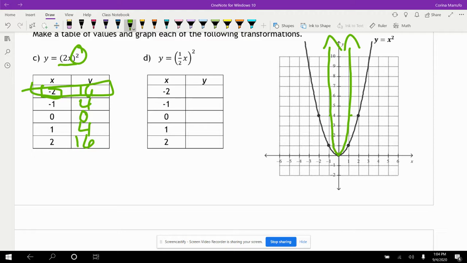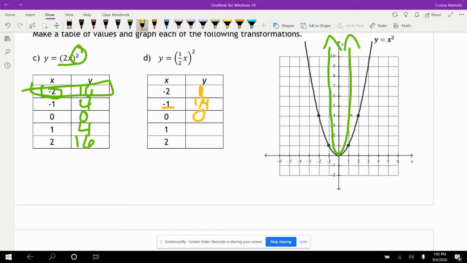All right, the next one we have is 1/2 x squared. Here we have 1/2 of our x value. Half of -2 is -1, and -1 squared gives us 1. Half of -1 is -1/2, and -1/2 squared is, oh no, not negative, sorry. Two negatives give you a positive, so it's positive 1/4. Half of 0 is still 0, and 0 squared is 0.